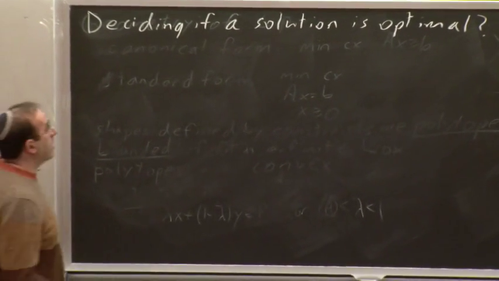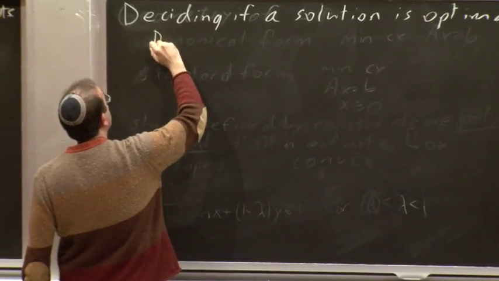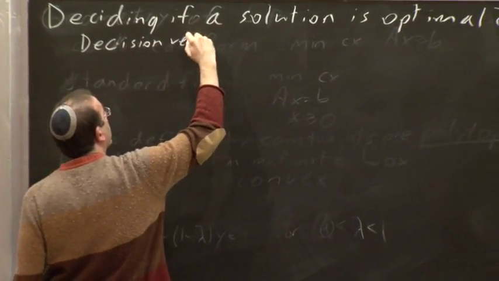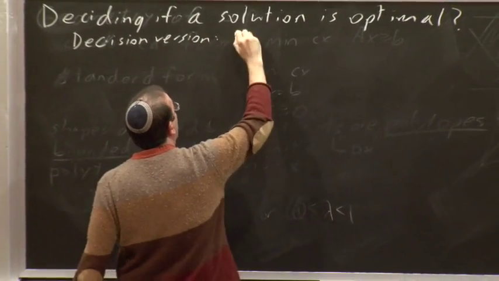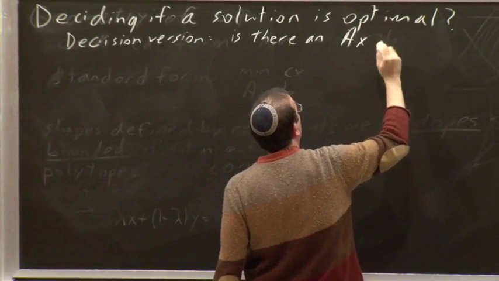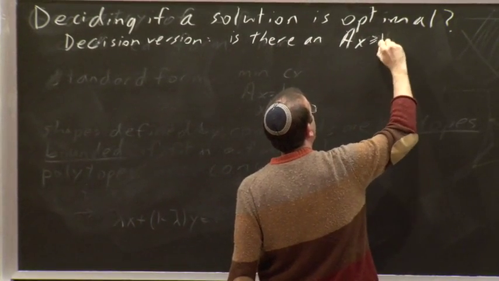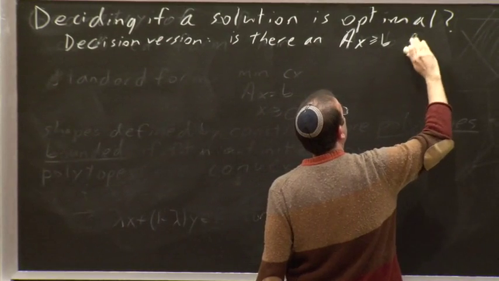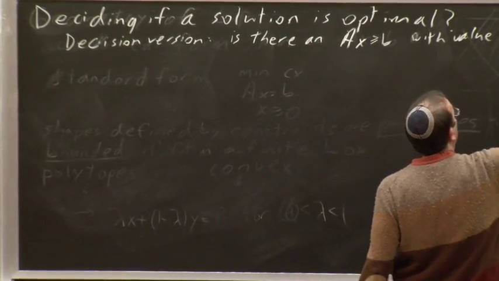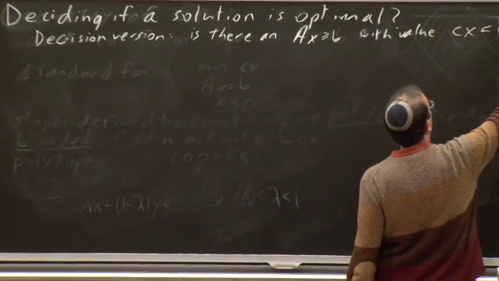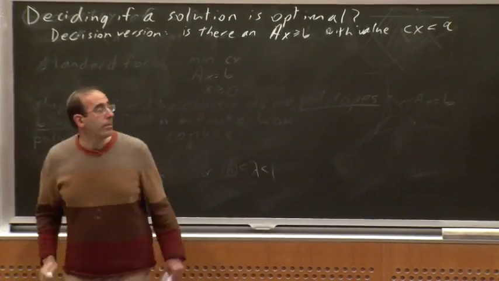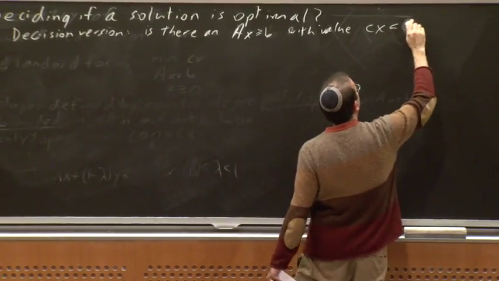Okay. So that actually suggests one direction we could go, which is a decision version of the linear programming problem. Right? Is there an x with Ax greater than or equal to b with value Dx less than some threshold q?